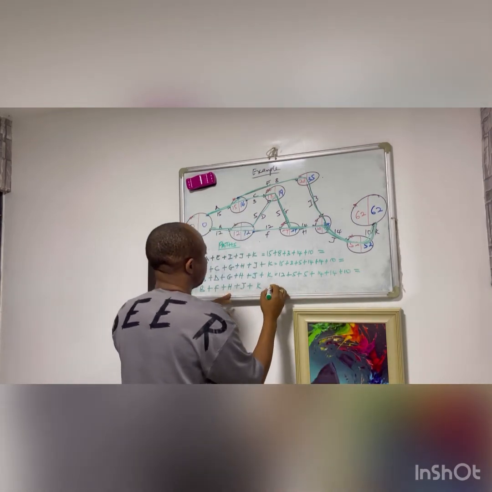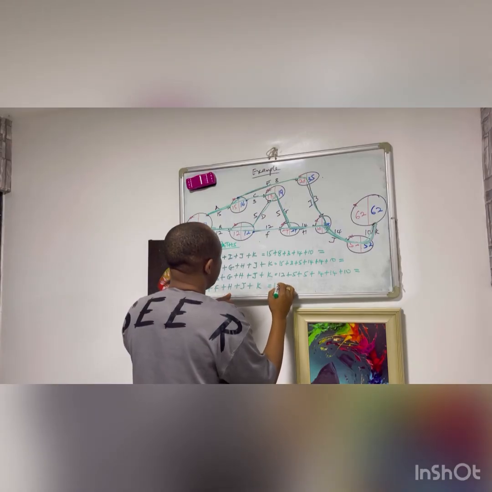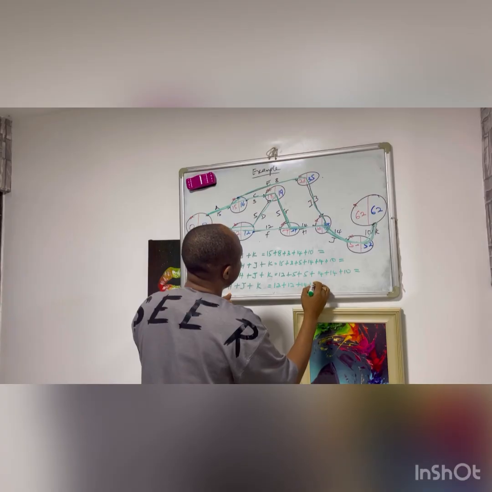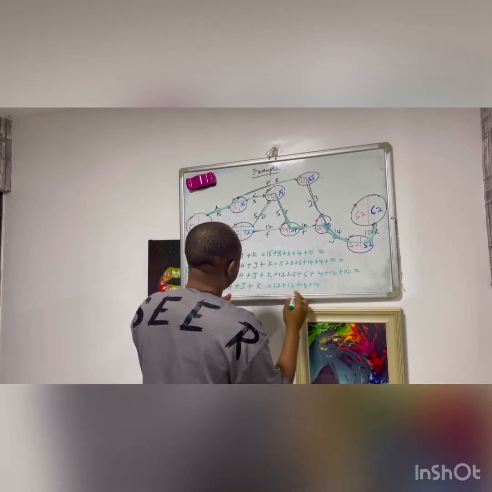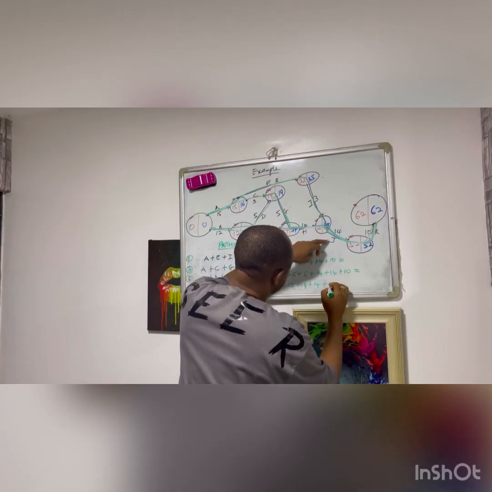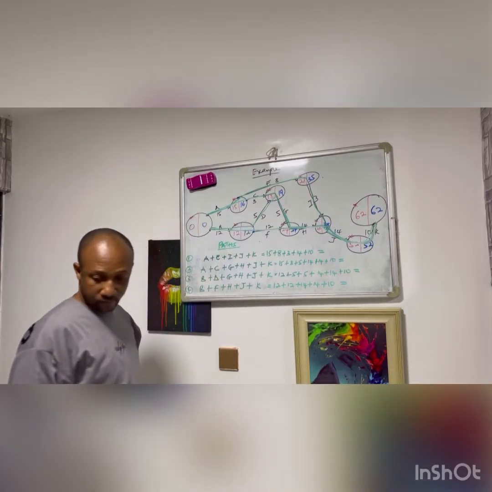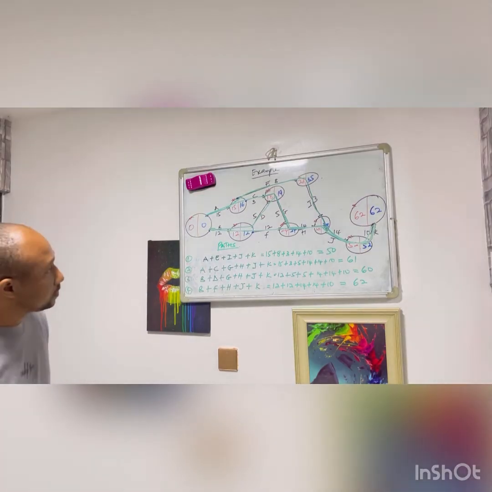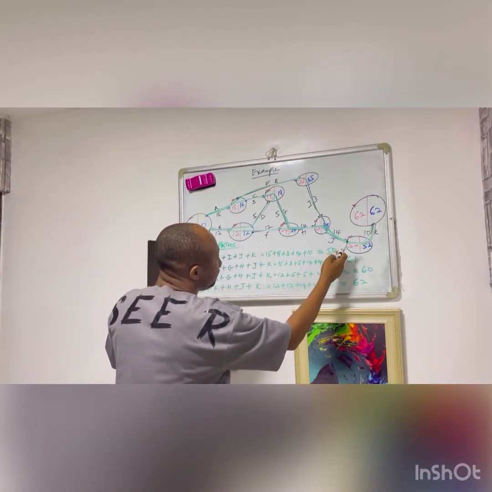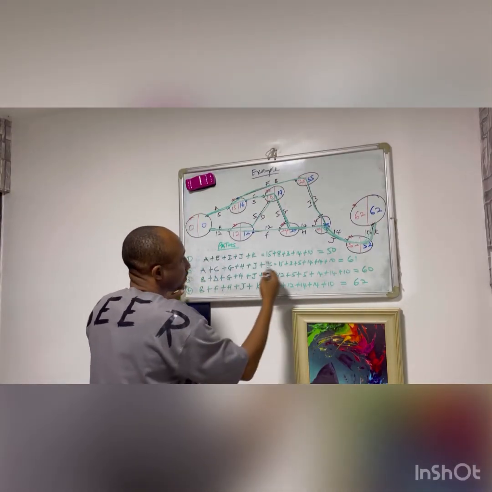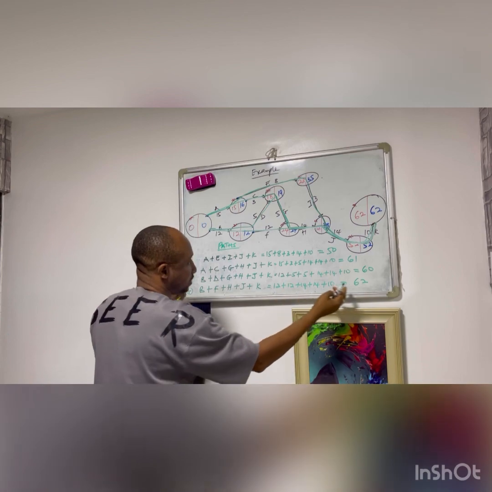And this is 12 plus 12 plus 14 plus 14 plus 10. So having done this, I realized that this gives me 50 weeks, this part 61 weeks, this part 60 weeks, and this part 62 weeks.